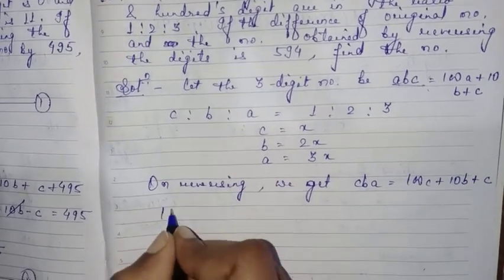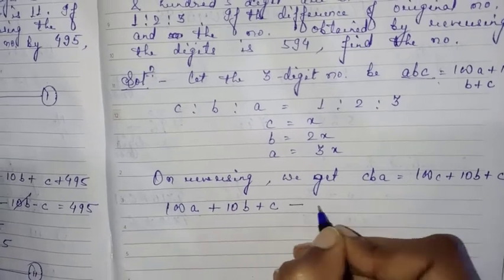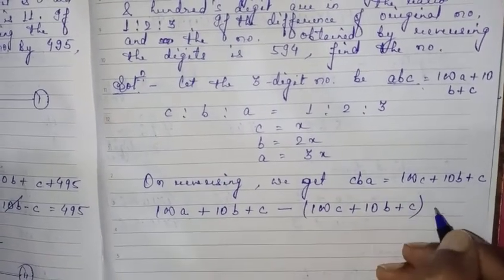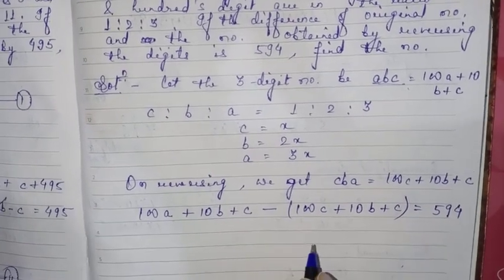So 100A plus 10B plus C minus 100C plus 10B plus A is equal to 594 according to the question.